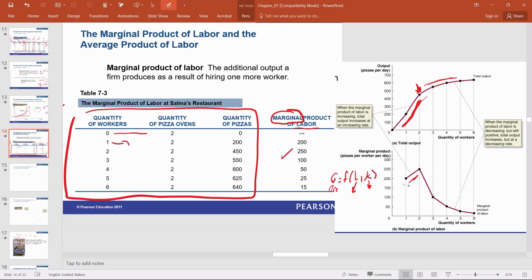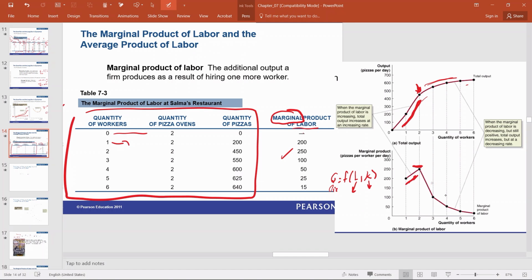The marginal product is increasing because you are adding labor, a variable input, to a fixed input, and the fixed input is not appearing here, but it is reflected in this curve. So you have three stages. Marginal product increases, then it reaches the maximum, which is the inflection point, and then it decreases.